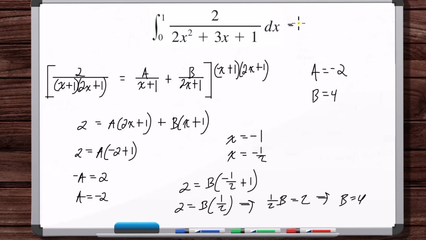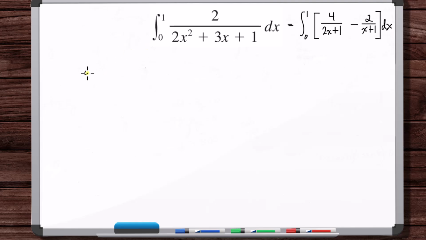Okay, this is the definite integral from 0 to 1. We've got 2x plus 1, and then dx. Let's take out the 4 here, and let's take out the 2 here, from 0 to 1.